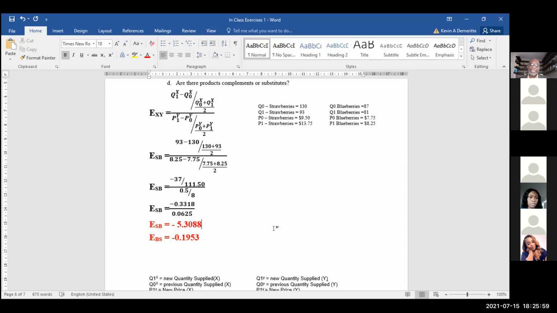The larger the elasticity, the more sensitive or responsive we are to a change in price. With an elasticity all the way up to 5, we are enormously sensitive when they raise the price of blueberries. For sure, if I can't get blueberries, I'm not getting the strawberries. End of story, full stop. I'm not even having this conversation. That's what that says.